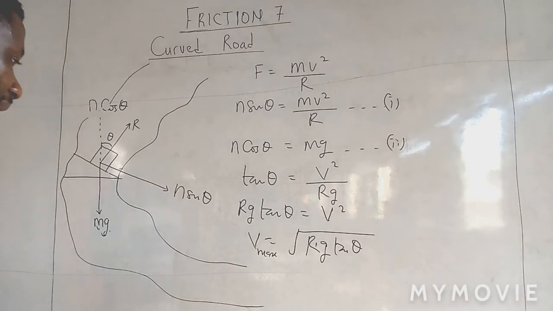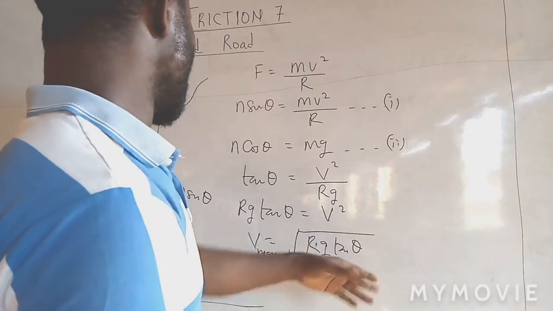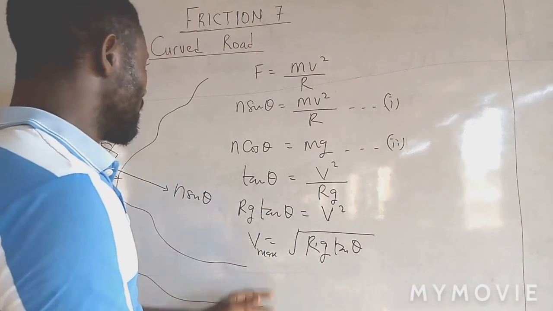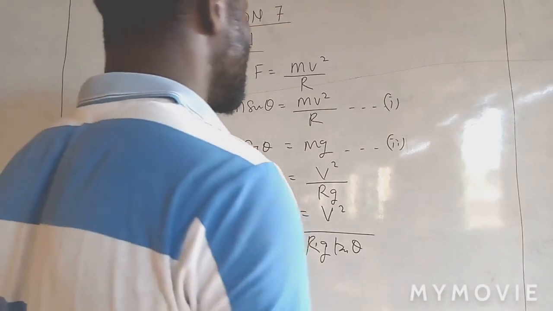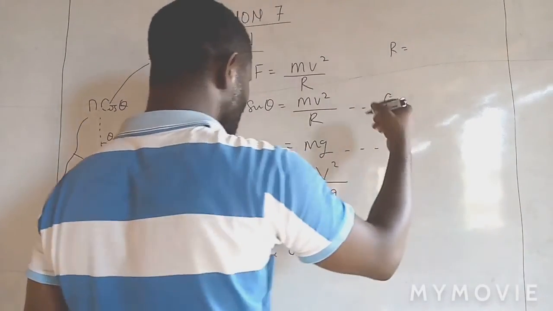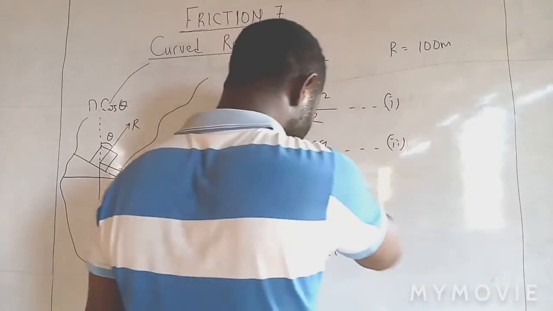Now, let us try to play with some values. If our radius is something and we put our theta to be something as well, what is likely to be our maximum speed required? Let the radius be something like 100 meter.